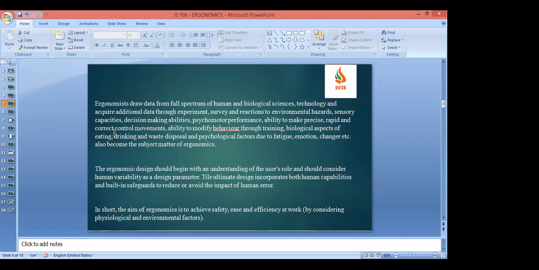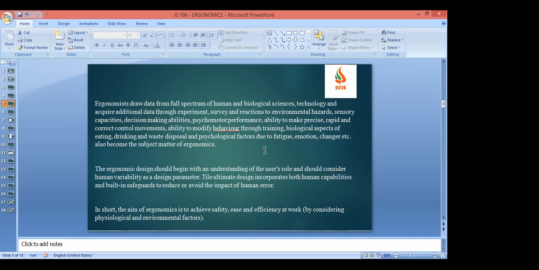Ergonomists draw data from a full spectrum of human and biological science and technology, and also acquire additional data through experiments, surveys, reactions to environmental hazards and scenarios, capacities, decision-making abilities, and psychometric performance, and ability to make precise, rapid, and correct control movements, ability to modify behavior through training, biological aspects of eating, drinking, and waste disposal, and the psychological factors due to fatigue, emotion, etc., also become a subject matter for ergonomics.